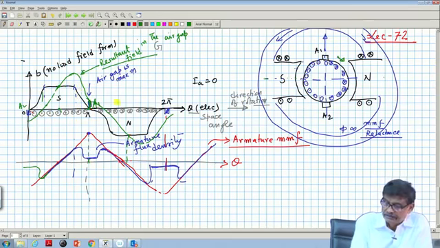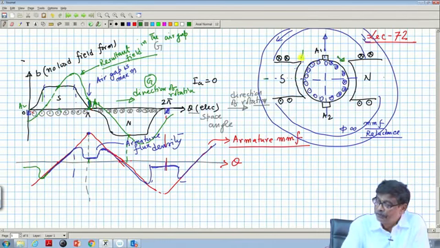Flux density, direction of rotation is this, generator mode, flux density will be concentrated on the trailing pole tip.